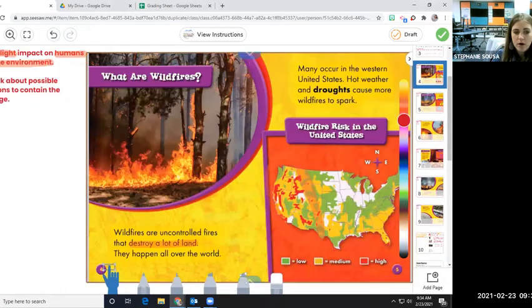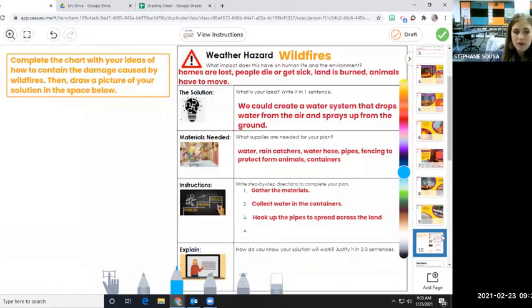On slide 4, where it showed us where we were likely to have fires. So if we're going to think about building a network of sprinkler systems, I probably wouldn't want to put one right here in Indianapolis because it's completely white. There's not even a low risk for wildfires in Indianapolis. I'd want to focus my efforts on these red and yellow areas where a fire might actually occur. So I'm going to hook up pipes to spread across the land.